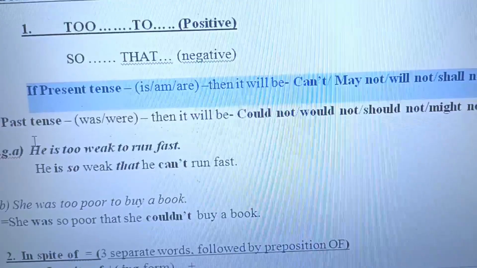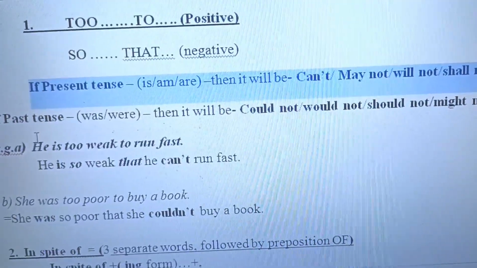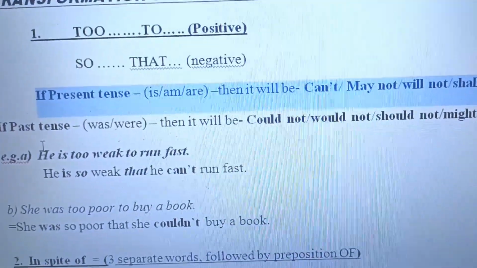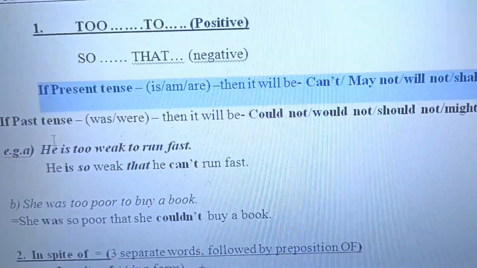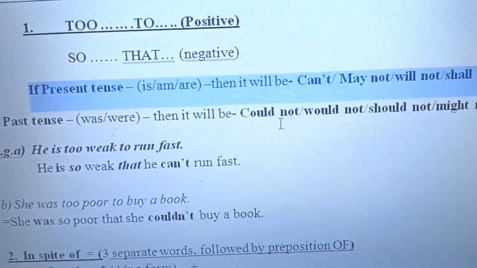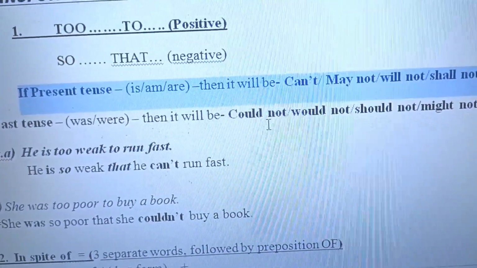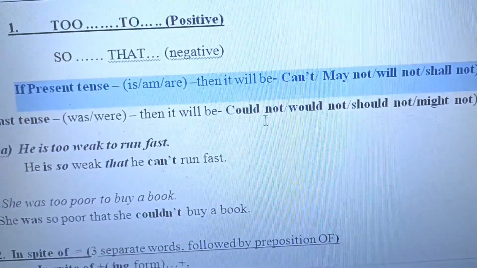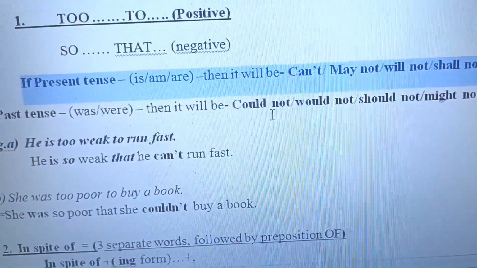And if the sentence is in past tense and helping verb was, were are used, then the other part of the sentence will change into could not, would not, should not, might not.